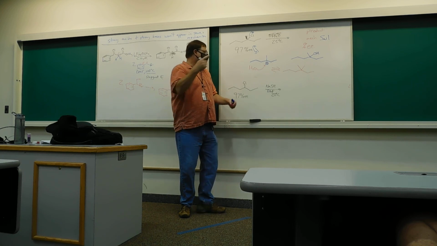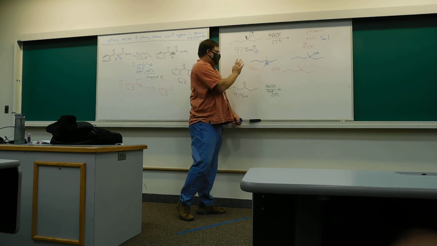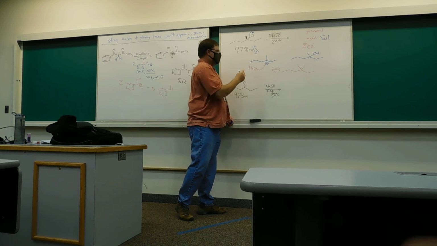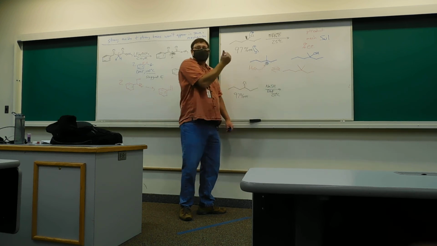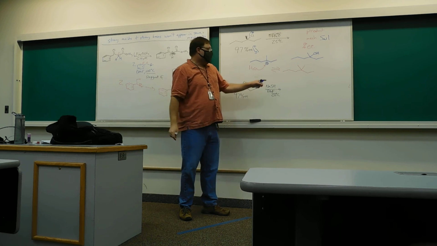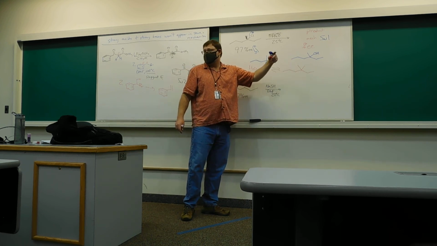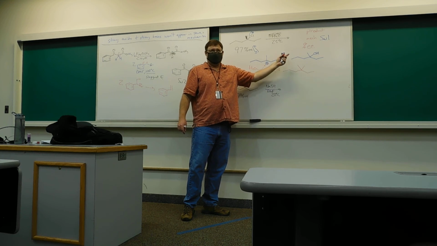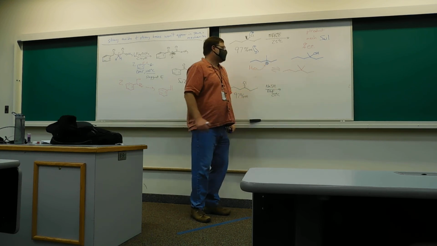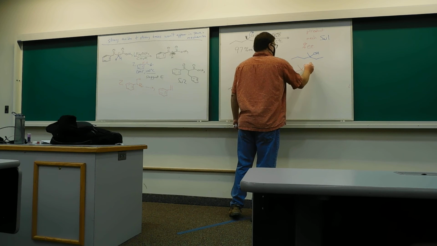The water can come into this flat carbon, in the plane of the board, from the front or from behind. So half the molecules would have a dashed methyl and a wedged OH, and half would have a wedged methyl and a dashed OH.